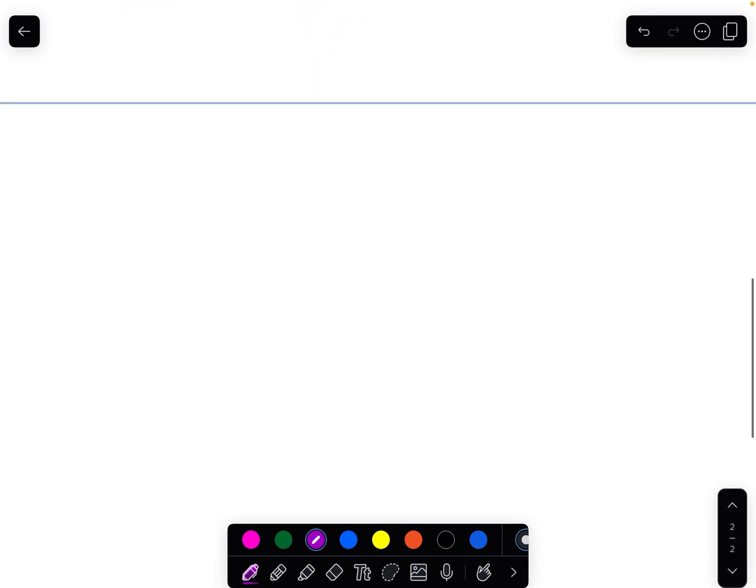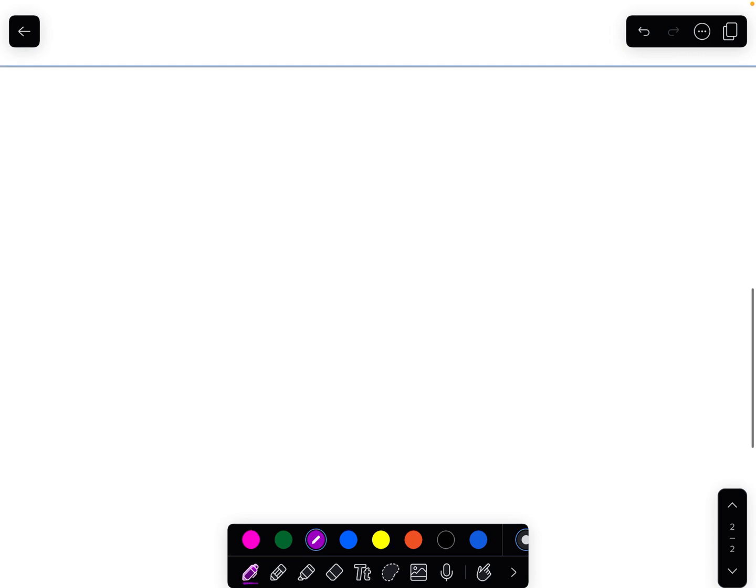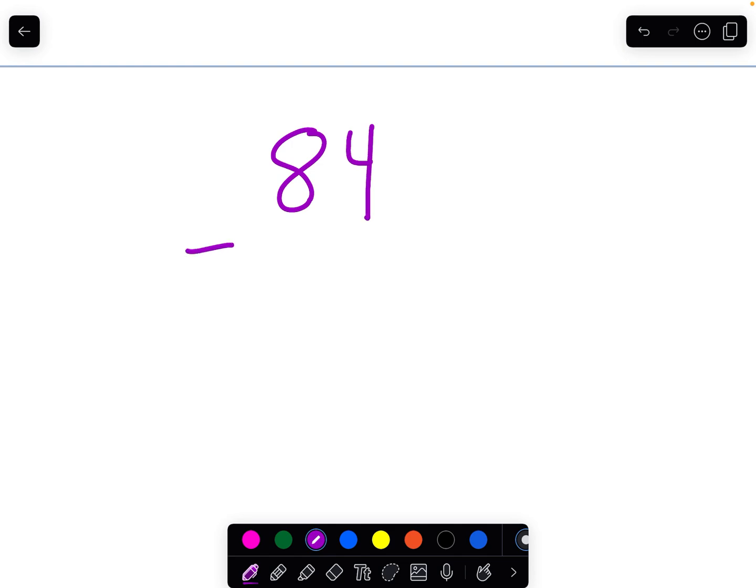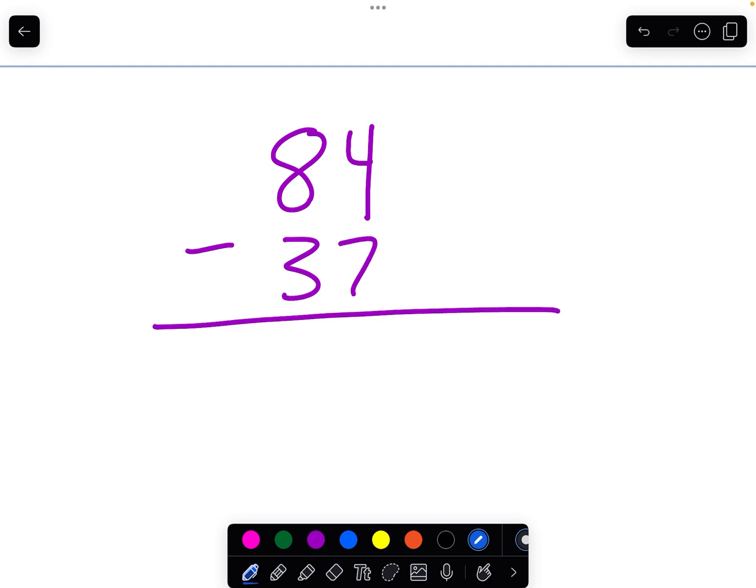Okay, let's do a couple more. Let's do 84 minus 37, say. Now I am looking over here. I can't subtract 7 from 4, so I'm going to borrow a group of 10.